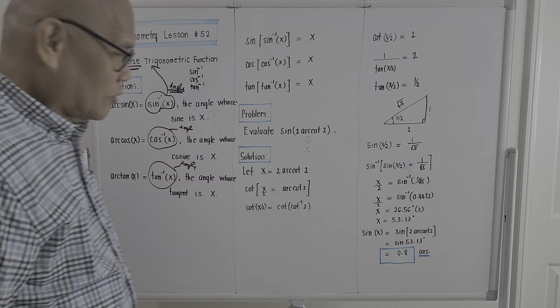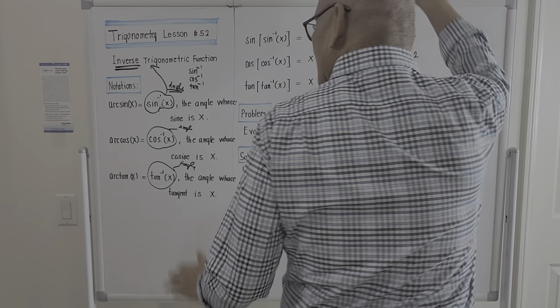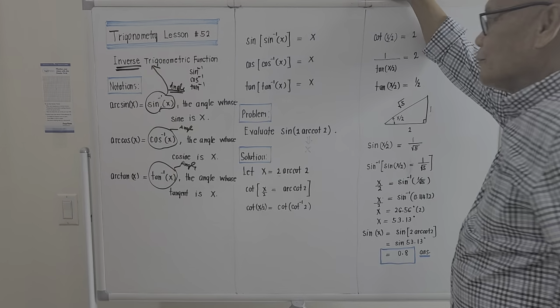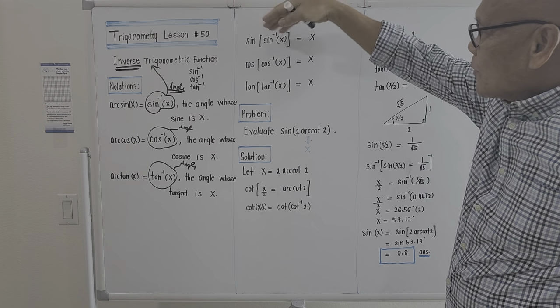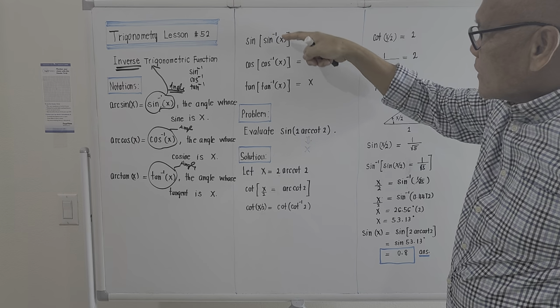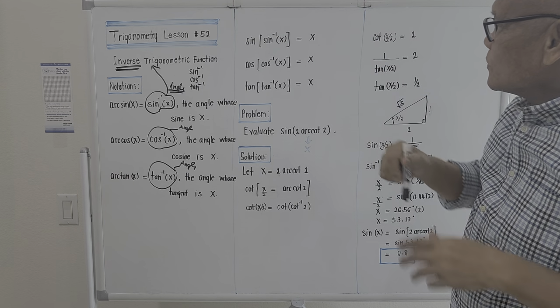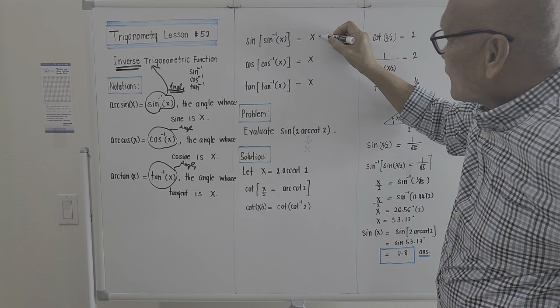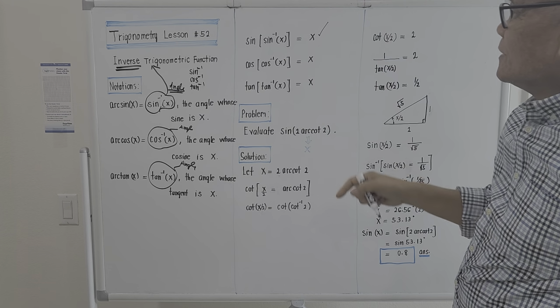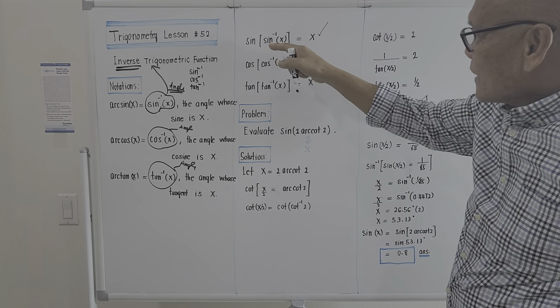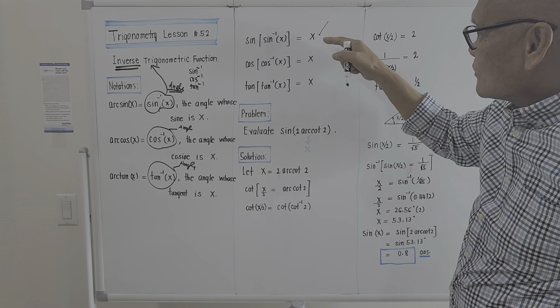These are concepts which are needed in the computation of inverse trigonometric function. The sine of the open bracket, sine to the minus 1 of x, close bracket, is equal to x. Just remember this: the sine of the arc sine of x is equal to x.